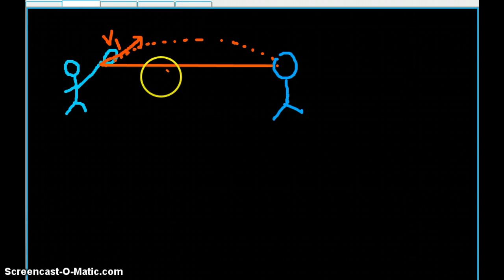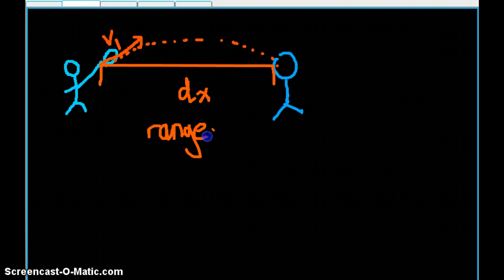So from here to here is your dx. That is what is called the range. Essentially it's the distance the football covers from the point it's thrown to the point where it stops. It just runs out of gas, I guess you could say, and just falls, right? Or in this case, we're assuming it's caught by Marquise Colston.